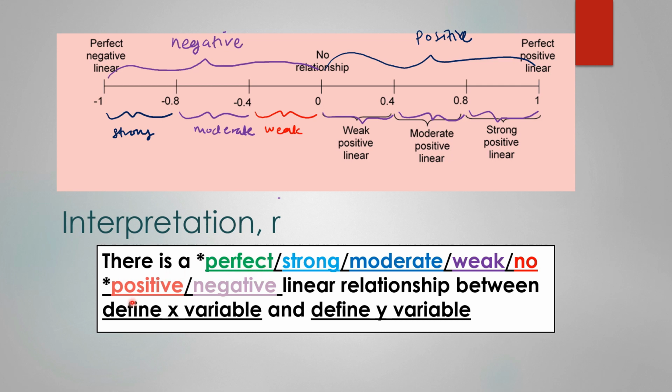The next thing is to choose whether the value of R gives you positive linear or negative linear. And then you write linear relationship between, here you define your X variable, and here you define your Y variable. So this is the scheme for you to interpret your R.